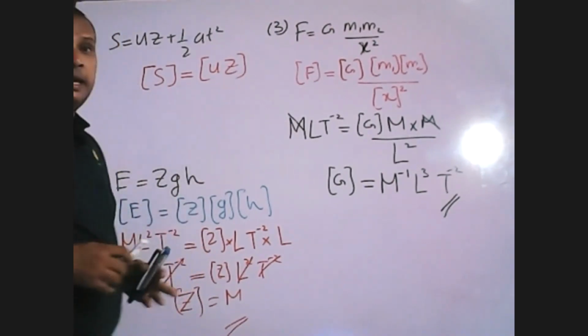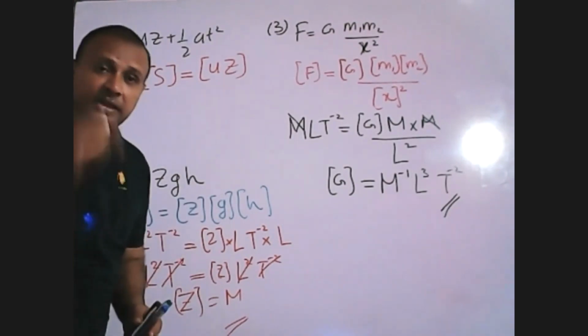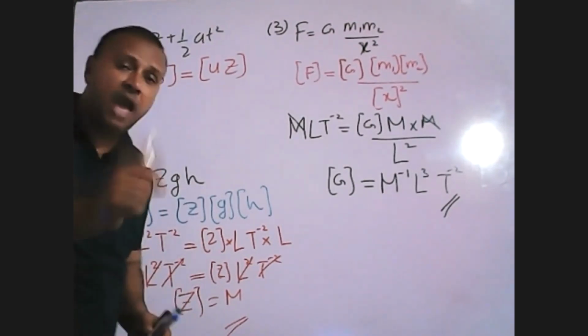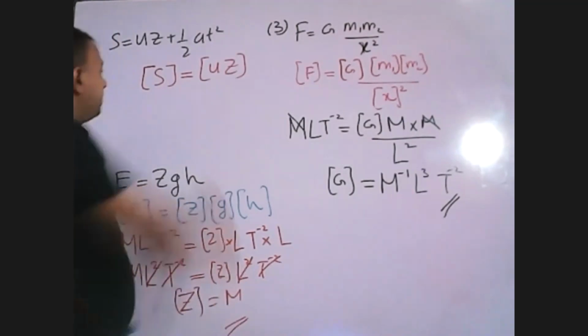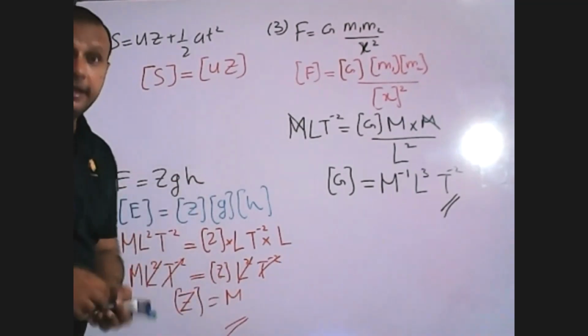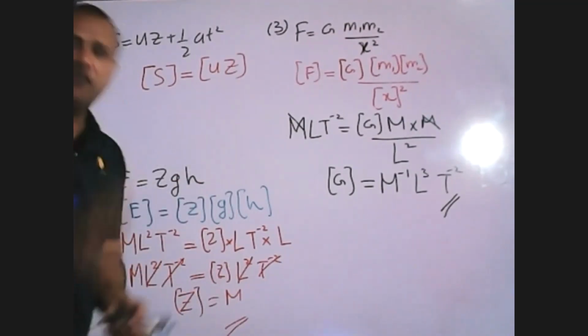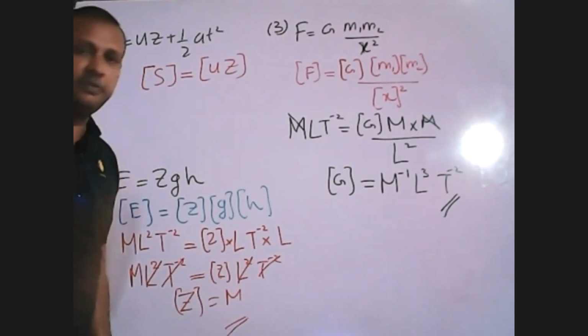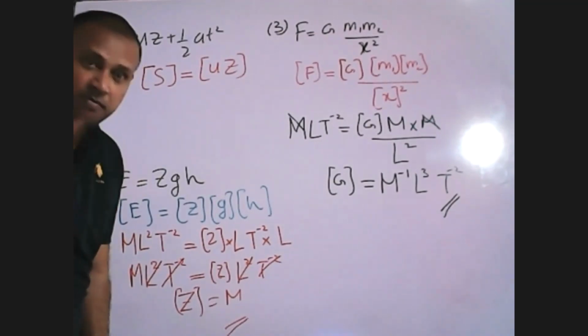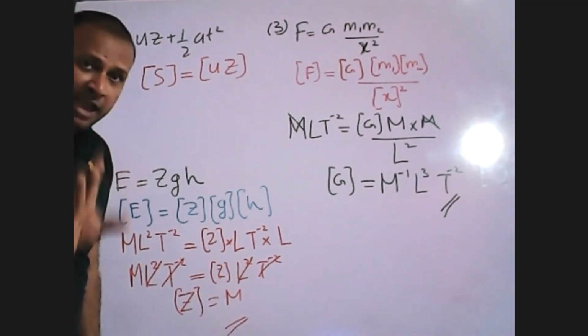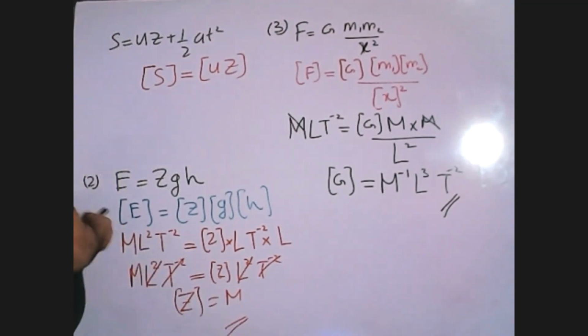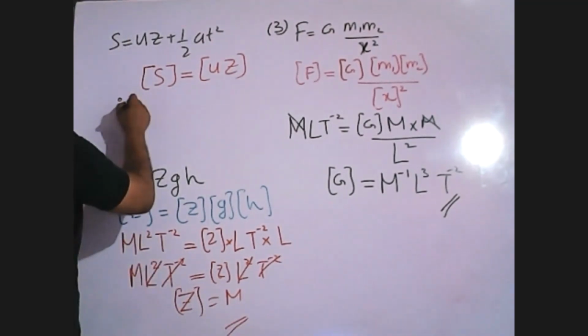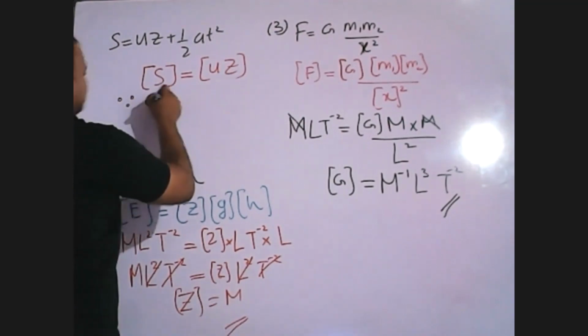But you have to write the logic. You have to write the argument under this expression. What is that? Each and every term in an equation should have same dimension.